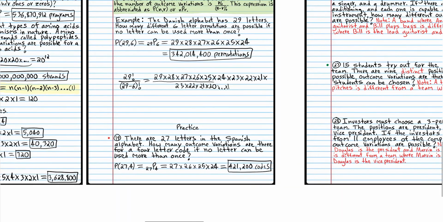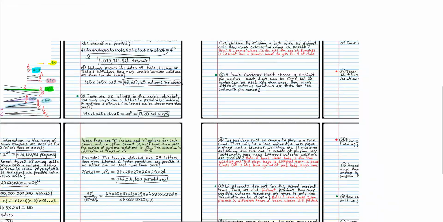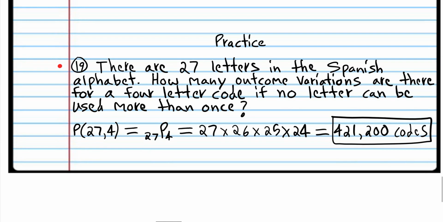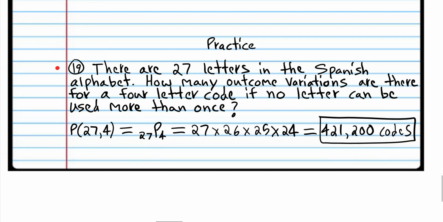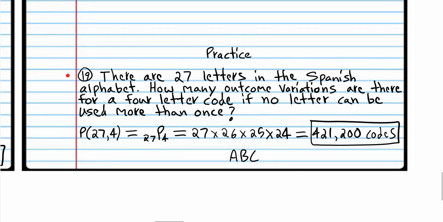Okay, so let's try another one of these problems, and be aware that you're not allowed repetition. I believe the Spanish alphabet is pretty much the same as the English alphabet.